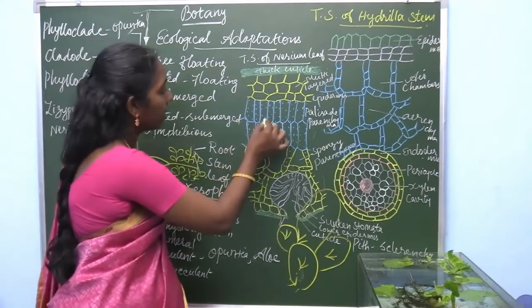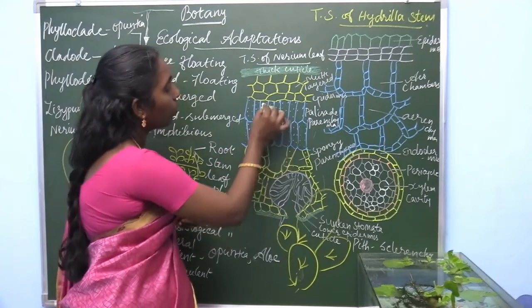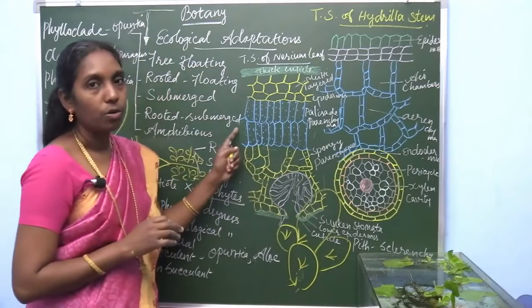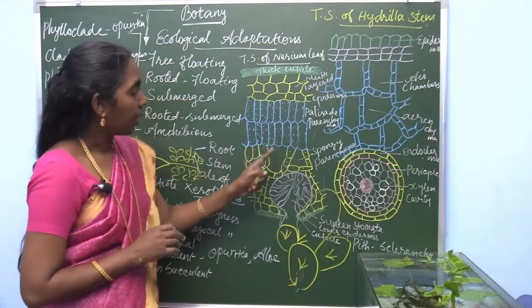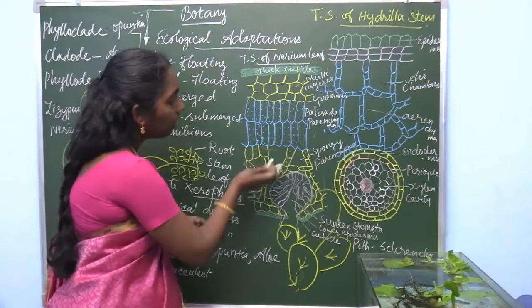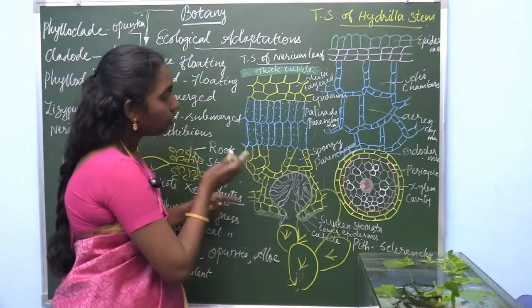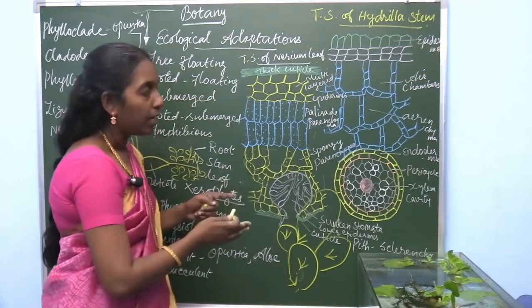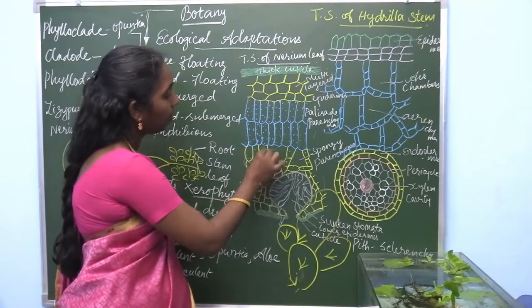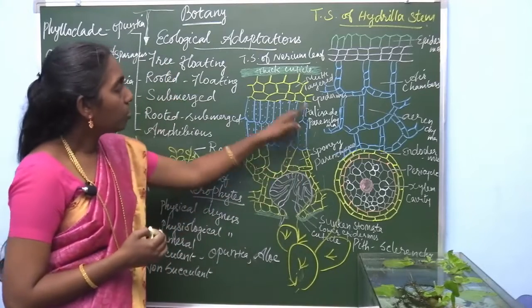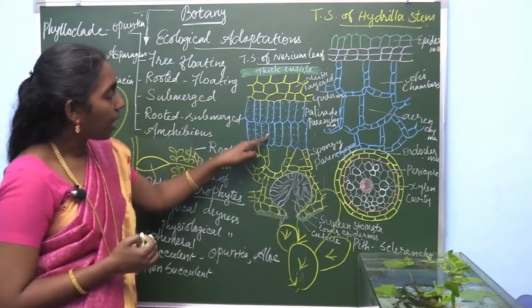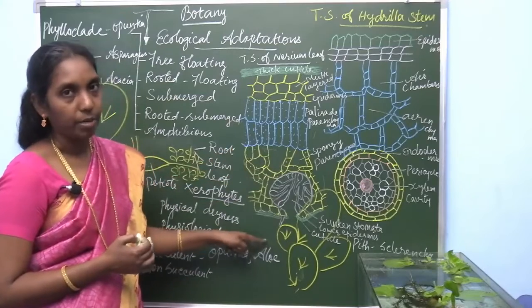They are elongated or cylindrical cells with a lot of chloroplast. Chlorophyll is present here. The next half is spongy parenchyma, made up of loosely arranged cells. So the mesophyll is differentiated into palisade and spongy parenchyma.